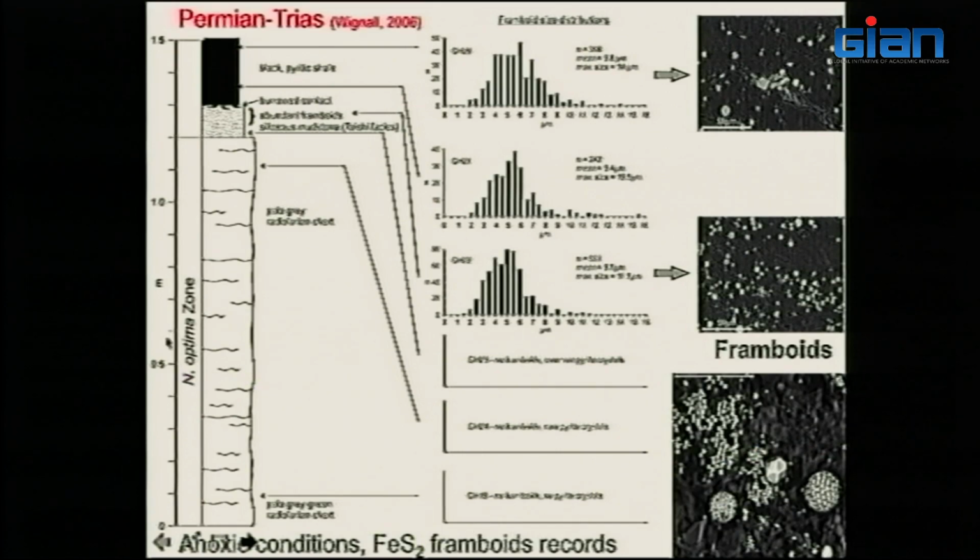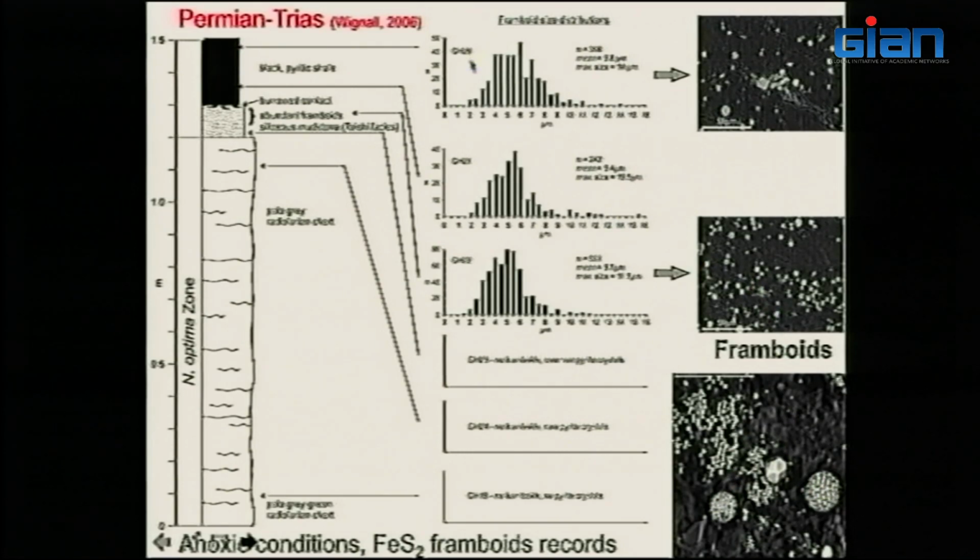And you can see that in this chart, the pale gray, not dark, they don't have any framboids. And suddenly here we have some framboids arriving. And generally, these framboids have that kind of morphology. As you can see, they are quite nice, and they are small.